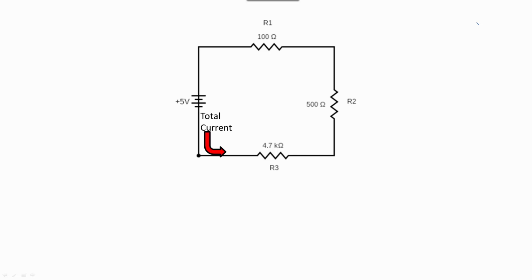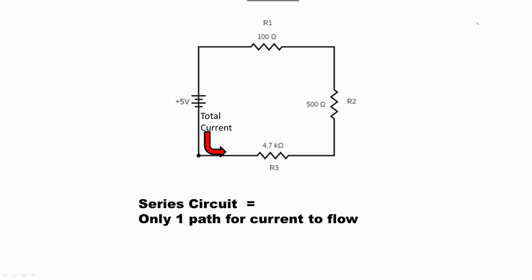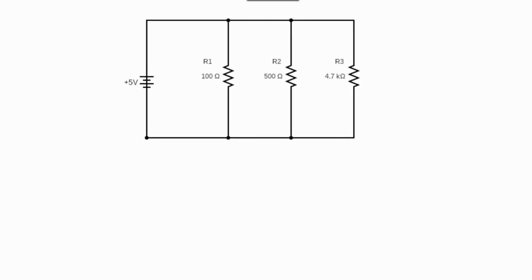Note that this is a specific type of circuit called a series circuit. And what makes it a series circuit is that there is only one path for the current to flow. The other type of circuit is a parallel circuit.